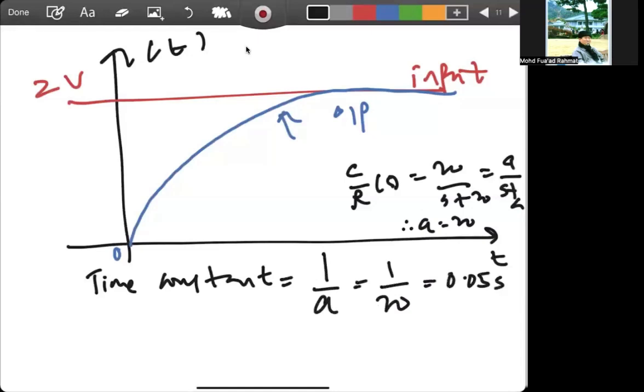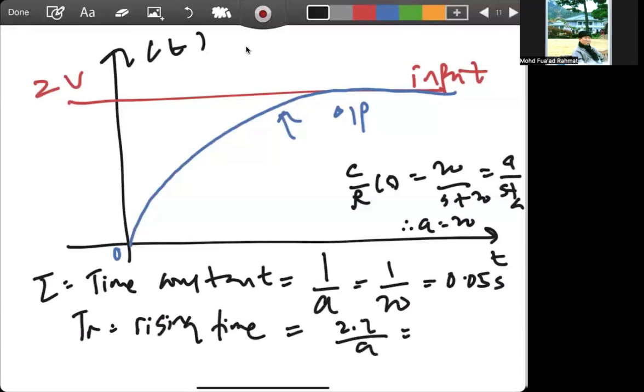Okay, rising time. Rise time is equal to 2.2 divided by a. This formula is for a first order system.